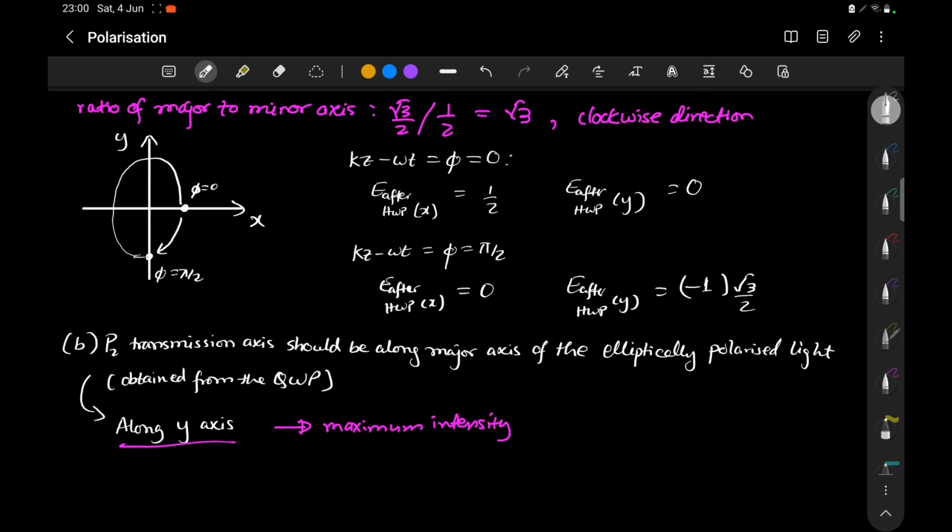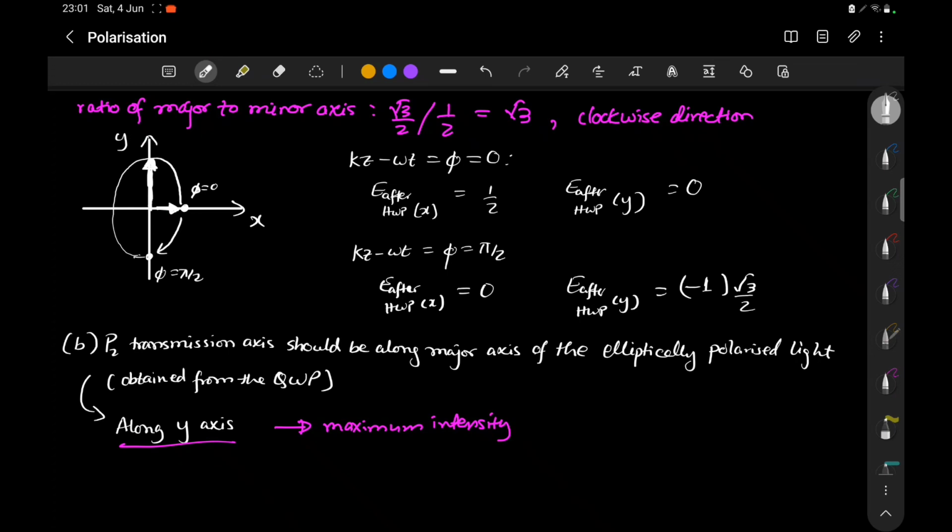We can see that because this is elliptically polarized light and this y-axis is the major axis, when the polarized light beam is along the y-axis, that is the maximum component, and this maximum component needs to pass through the polaroid. Along the minor axis is a shorter component. This is the minor axis, so the component of the electric field along the minor axis is going to be small.